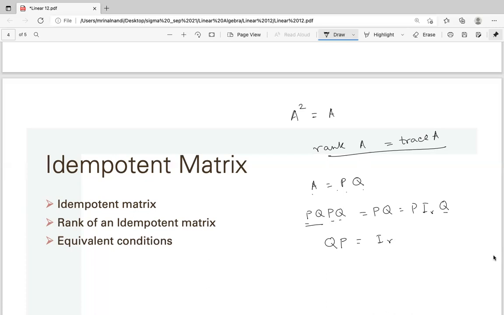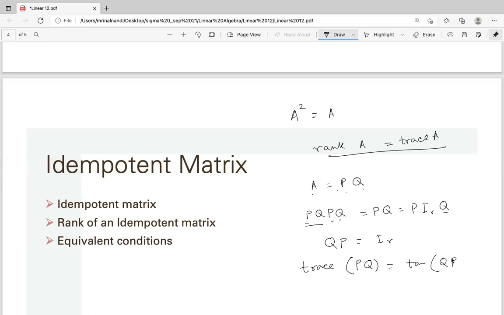So very interesting. If A is an idempotent matrix and A has a rank factorization PQ, then QP is the identity matrix I of order r. Now we know the trace of this identity matrix is r. So the trace of QP is r, but the easy thing is the trace of PQ is the same as the trace of QP.